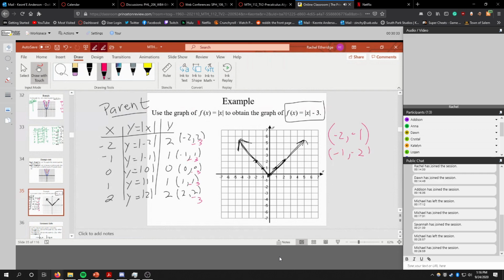So I'm subtracting 3 from the y value. 0, -3. 1, -2. And then 2, -1. If I plot those points, what it does is it shifts all these points down by 3.